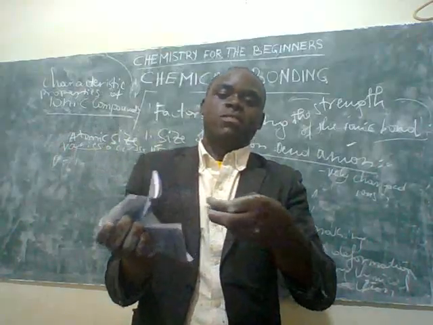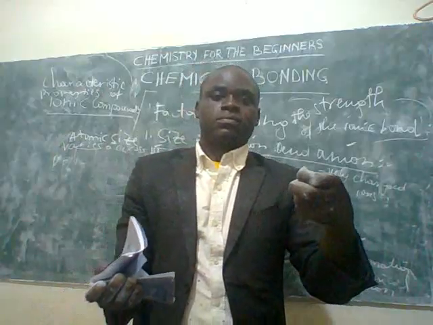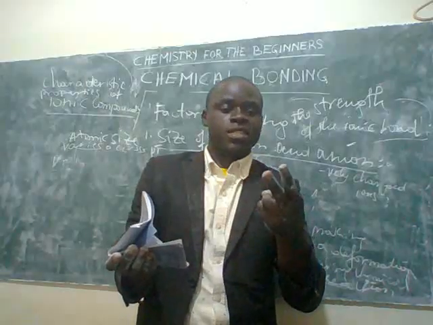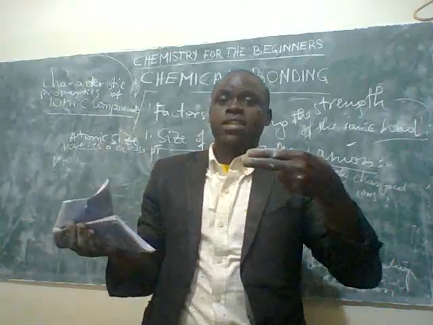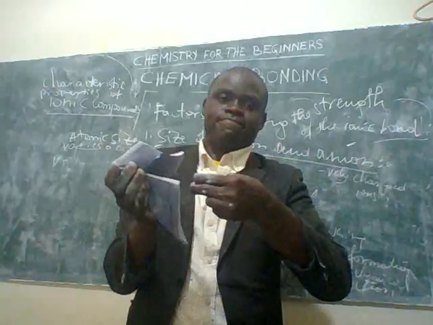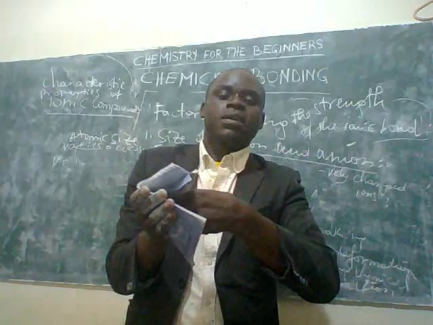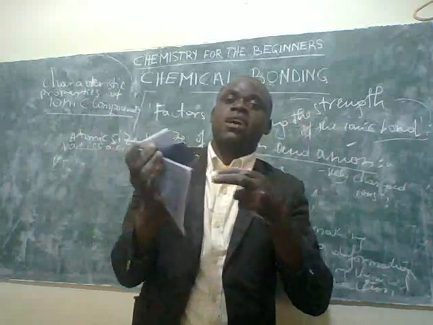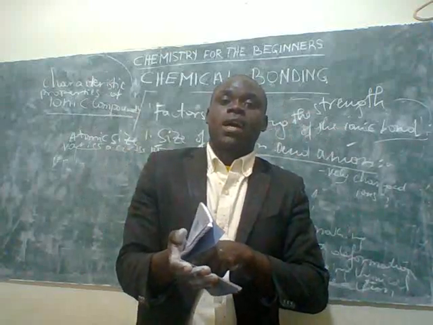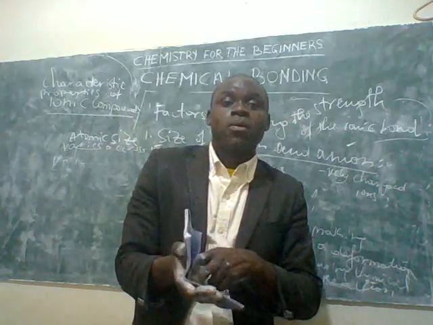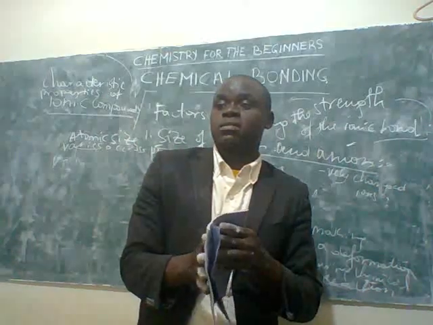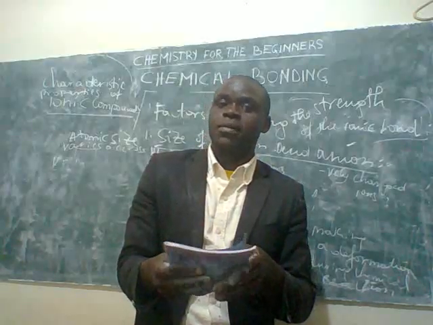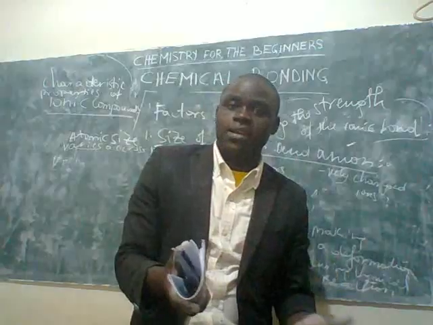You see, my fingers have folded themselves and changed their shape. They were straight like this, and now they have changed. All of these atoms are polarized. They are polar, because the ones which do not get polarized, we call them non-polar.